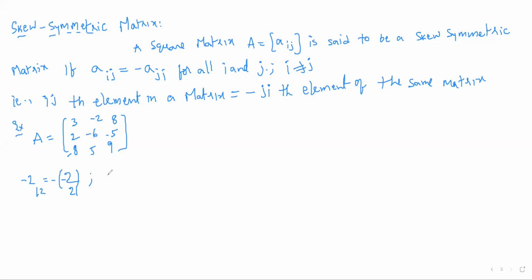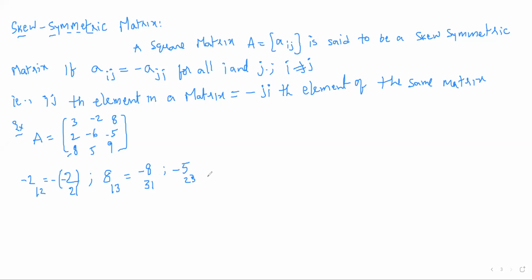Next, observe the element 8. What is the position of 8? First row, third column. If you interchange the suffixes, the third row, first column element is minus 8, so both have opposite signs. Next, observe minus 5: its position is second row, third column.